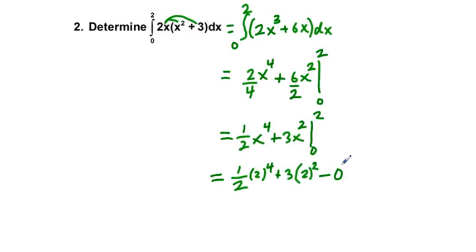Well, that's the 0 entered for us, so that's 0. So 2 to the 4th power is going to be 16, right? Because 2 cubed is 8.